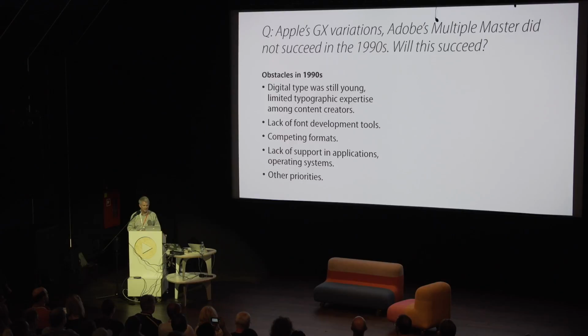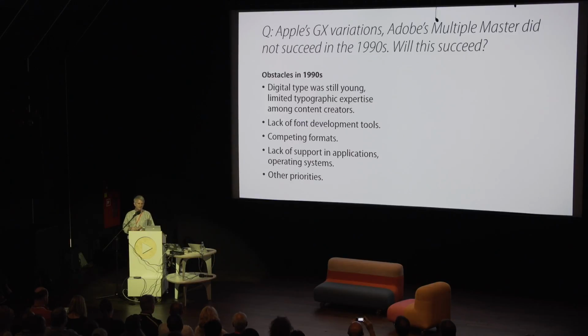the 1990s. First of all, digital type was still young in that era. If you think about it, we had this explosion of computers going onto desktops in businesses, and people that just a few years earlier had been creating documents on typewriters were now using word processors and desktop publishing software. They had the typographic sophistication of a typewriter, and they had to be retrained.